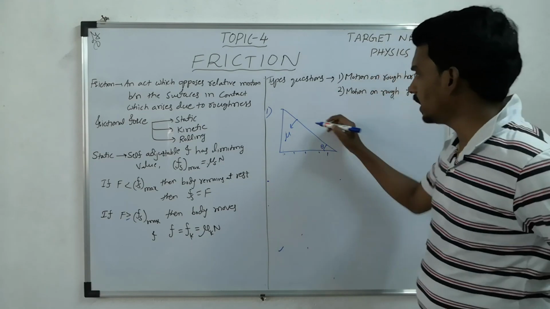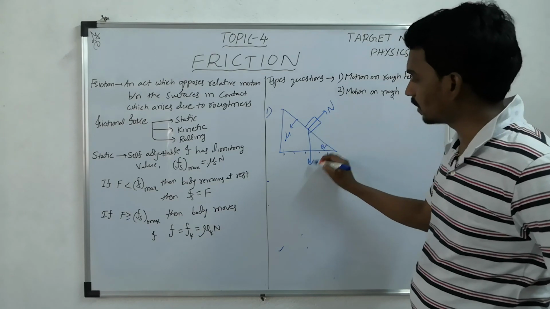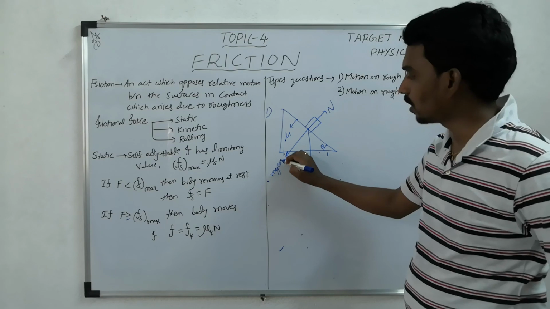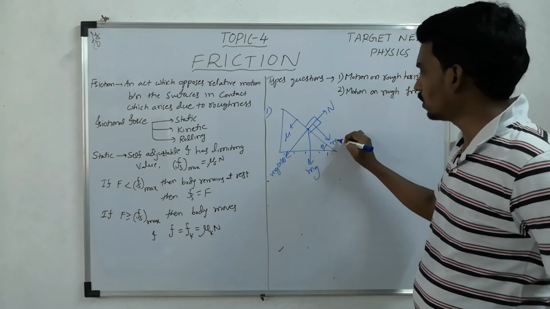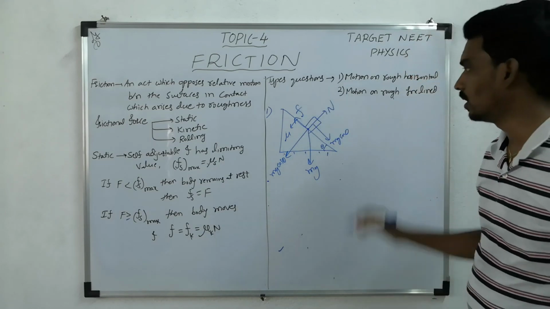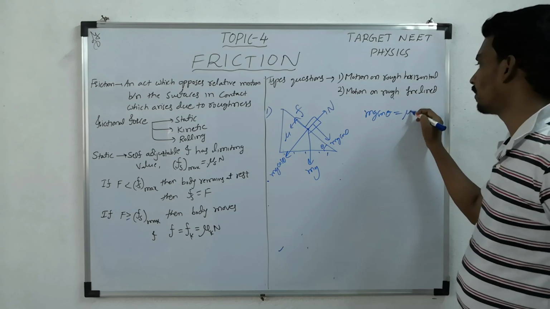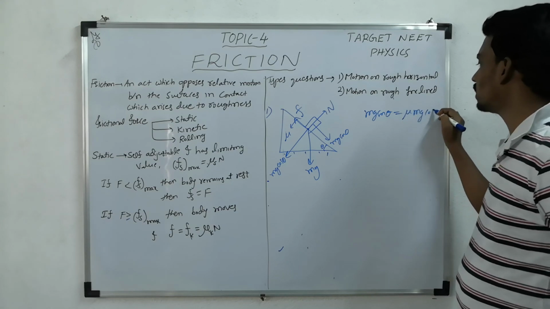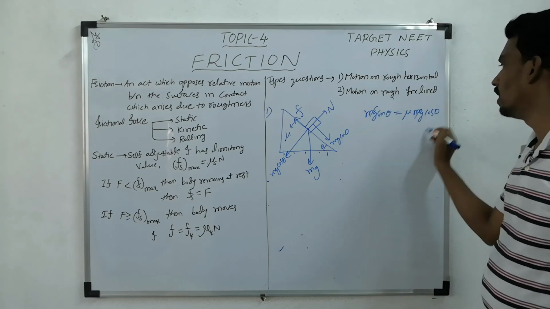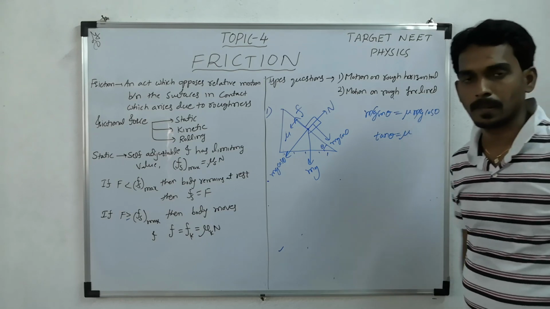When it is ready to slide down, the upward normal reaction is balanced by mg cos theta, and the downward mg sin theta is balanced by the frictional force. That is, mg sin theta is exactly equal to F, which is mu N. N is mg cos theta, so mg cancels. Bringing cos theta to this side, tan theta equals mu.